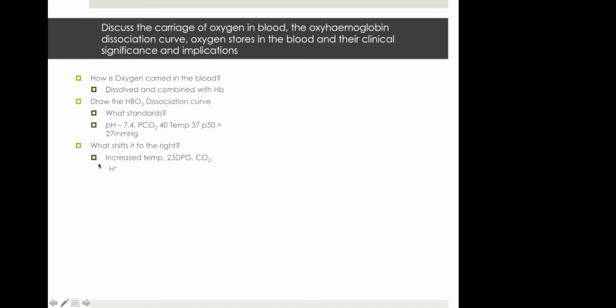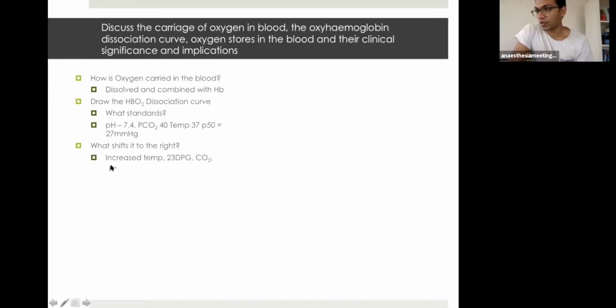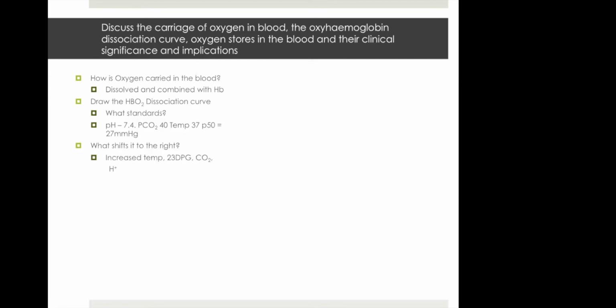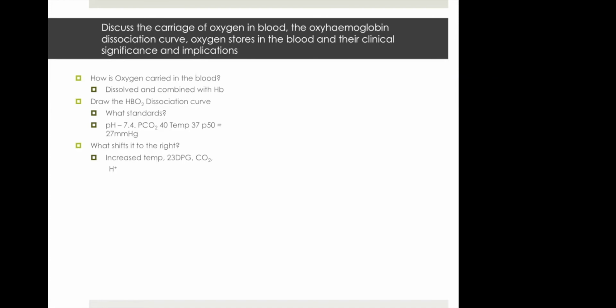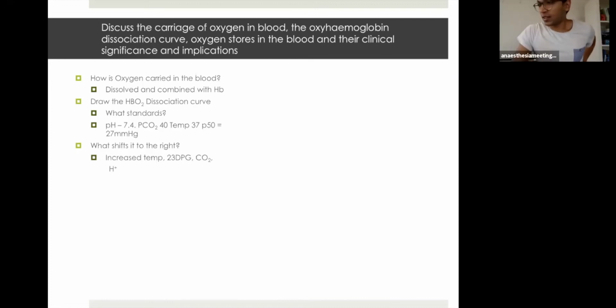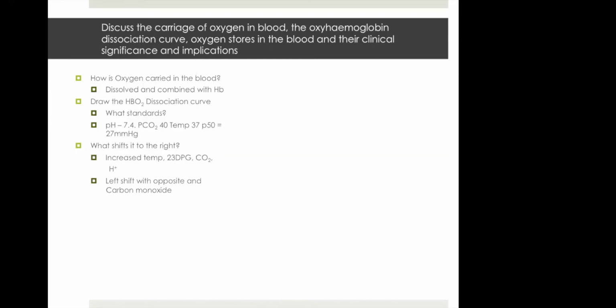You've got another one there already, so don't forget the pH as well. And there's one more aside from that. It's kind of toxicity. This toxicity prevents the offloading. Oh, is this the carboxy? What gas would you really not want to inhale? CO. Yeah, carbon monoxide. The left shift of that curve as well.